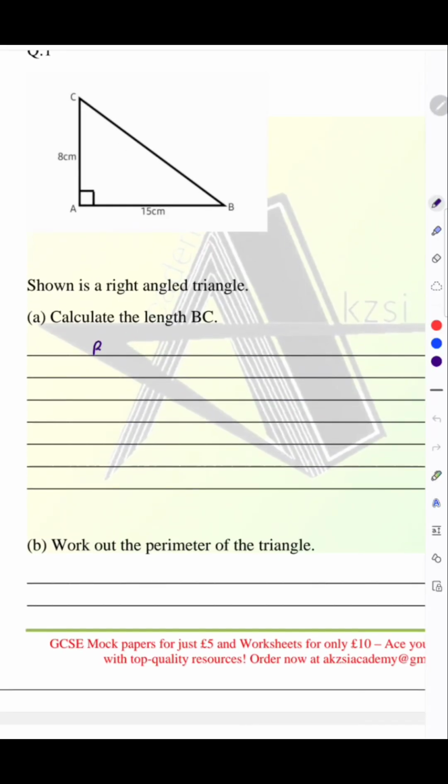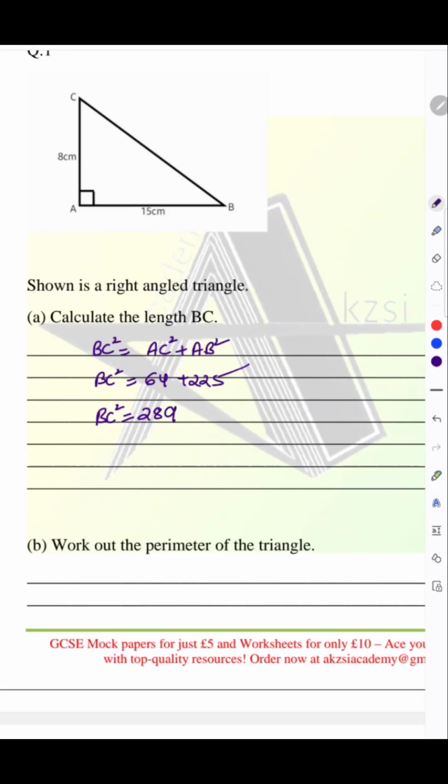So I'll be doing BC squared is equal to AC squared plus AB squared. So BC squared is AC squared, which is 64, and AB squared is 225, and finally we'll get 289.